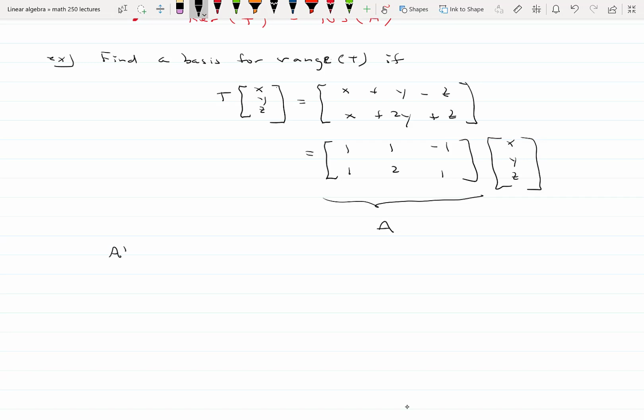So the first thing we did was we found A transpose. This is old news. A transpose is 1, 1, negative 1, 1, 2, 1.